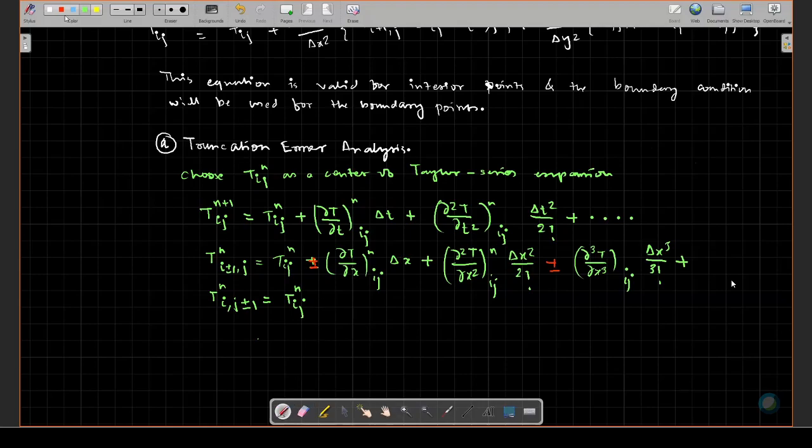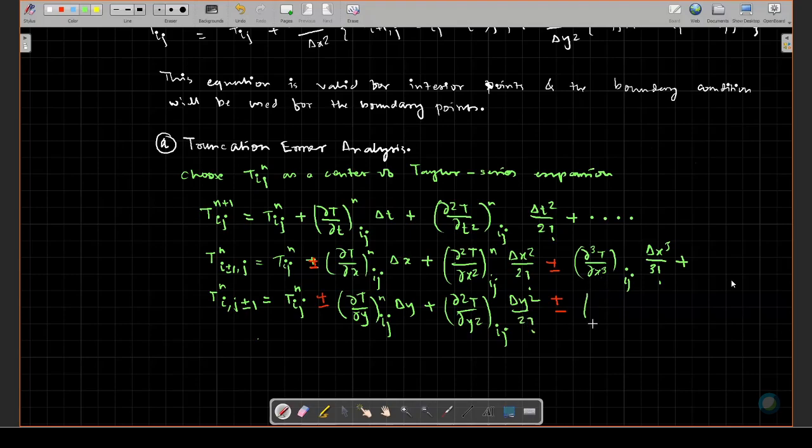Here again the second term will be plus minus, and the third term will also be plus minus, and the other terms will look like this: del T by del y at ij^n times delta y, plus del 2 T by del y 2 at ij times delta y square by 2 factorial.